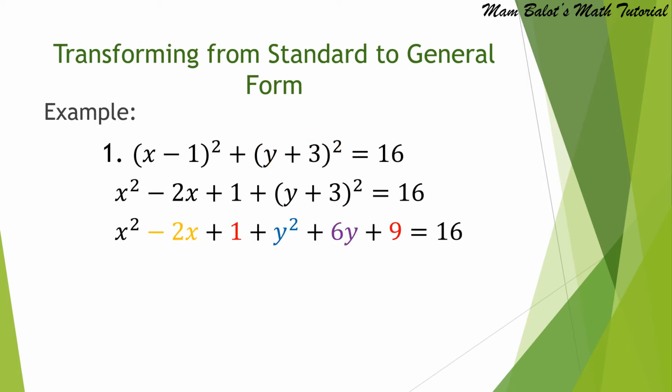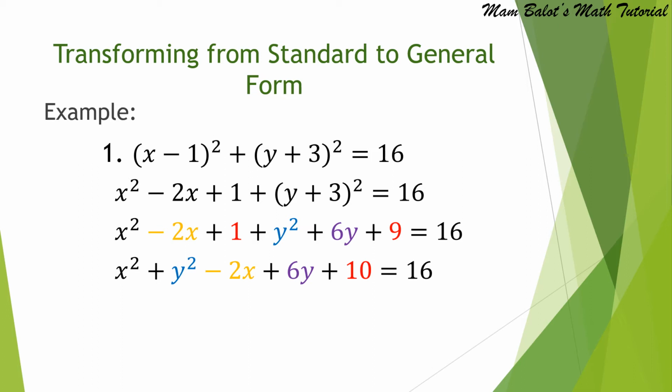Then we rearrange the terms according to the arrangement of the general form. So we have here x squared plus y squared minus 2x plus 6y, plus we add the constants which are 1 plus 9, so we have 10 equal to 16.